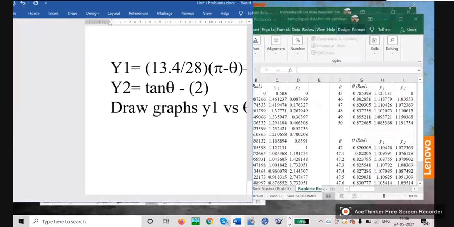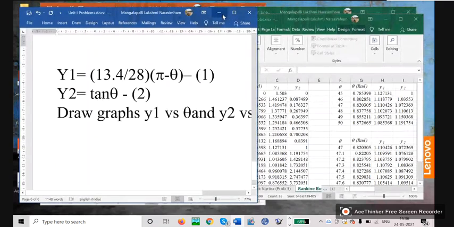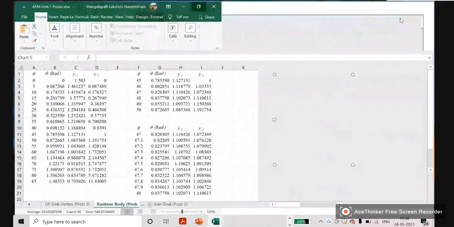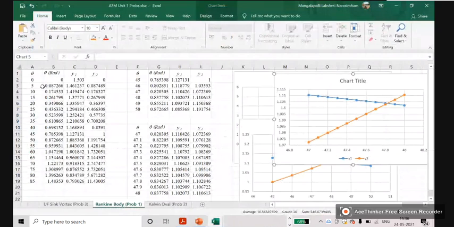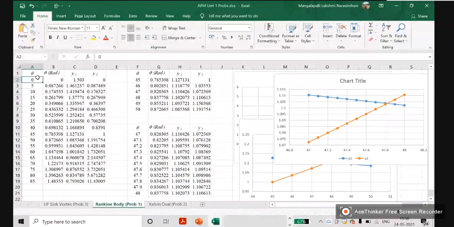That is what I have done. So here you can see, I have started with some values of theta, 0 to some 85. Because I have the Excel sheet, it is convenient.